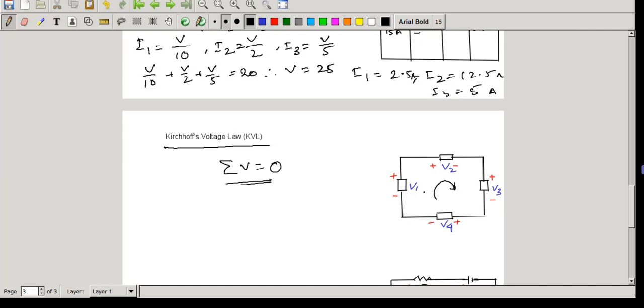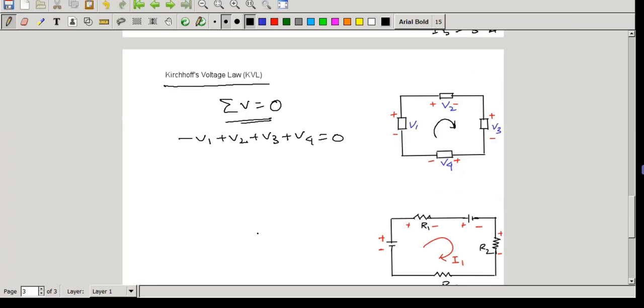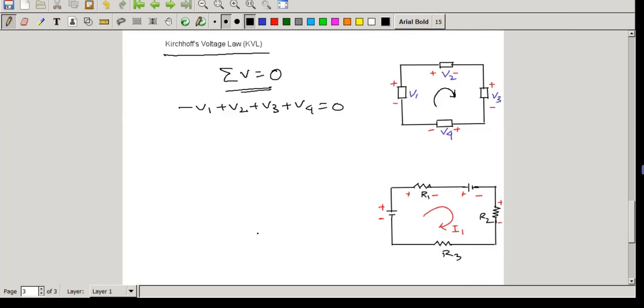I repeat again, we consider the voltage drop as positive when current flows from positive to negative potential. So here V1 is negative, V2 is positive, V3 is positive, V4 is positive. So as per KVL, if we apply it in this network, minus V1 plus V2 plus V3 plus V4 will equal 0.